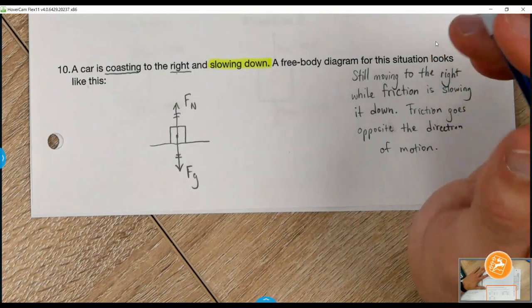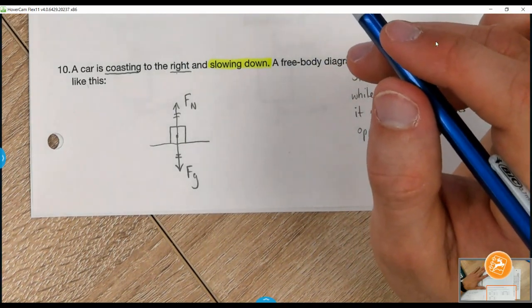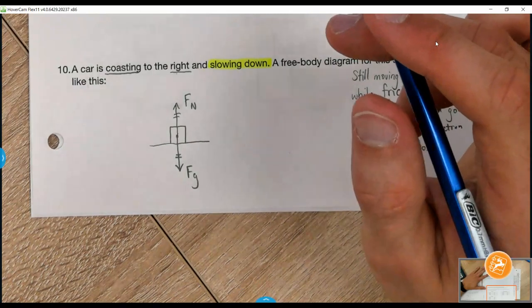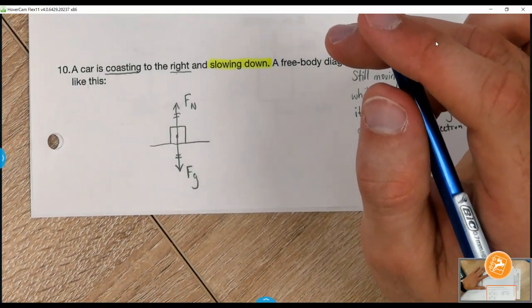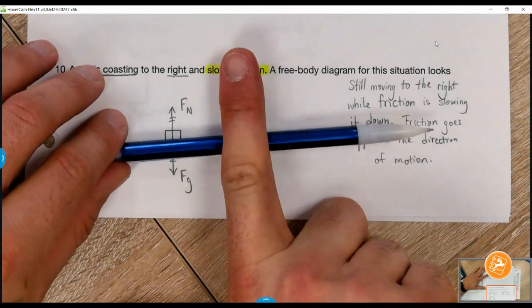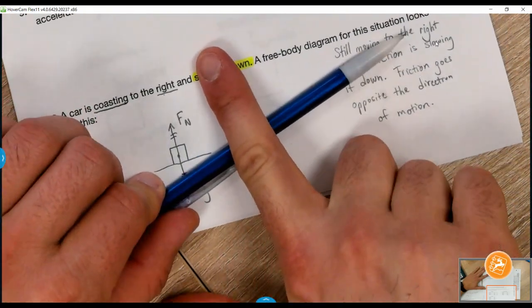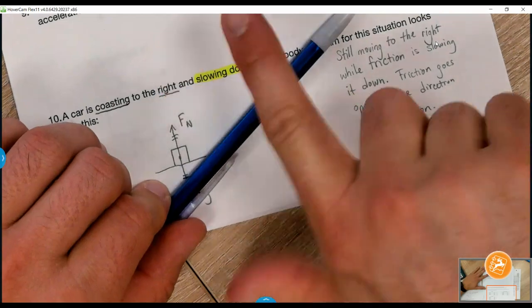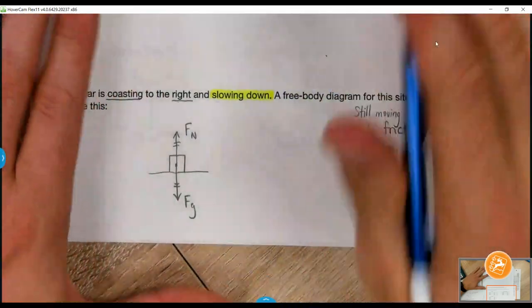And I will just say, normal force is always perpendicular to the surface, but we're not doing any problems on an angled surface. But if it was, the normal force would be going up, and as this whole thing changes, the normal force makes it still 90 degrees, but we don't have to worry about that.